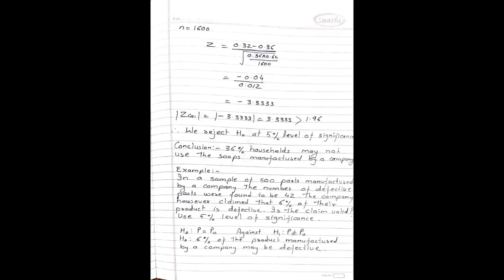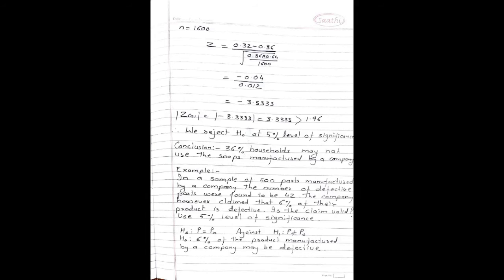So the answer is minus 3.3333. Then mod Z calculated is equal to mod minus 3.33 can be written as 3.3333, which is greater than 1.96. Therefore, we reject H naught at 5% level of significance. Conclusion: 36% households may not use the soaps manufactured by a company.